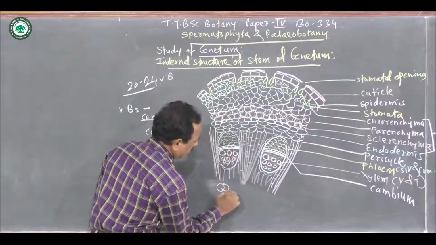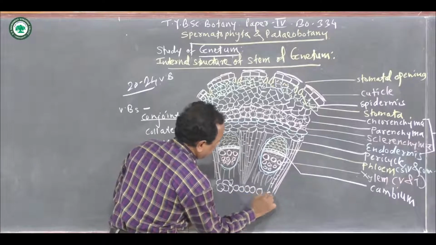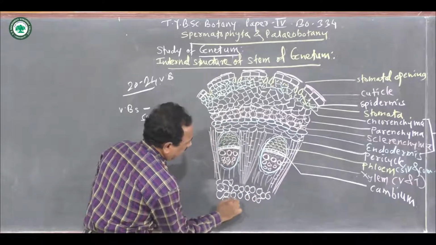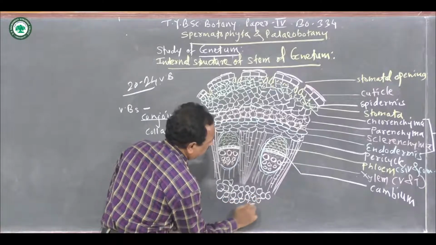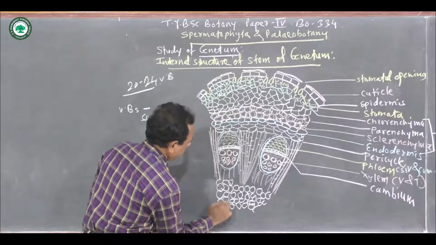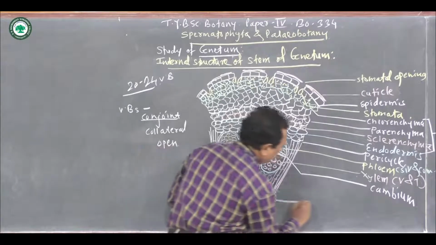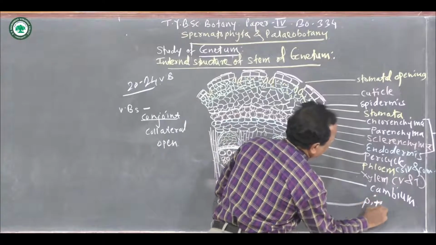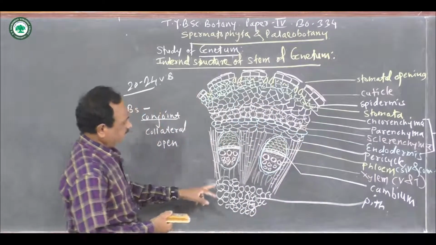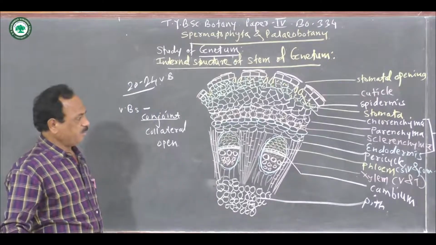Here this pith is parenchymatous, many layered, and it occupies the central portion of this stem region. So thus here the pith is present in the center, which is parenchymatous and many layered.